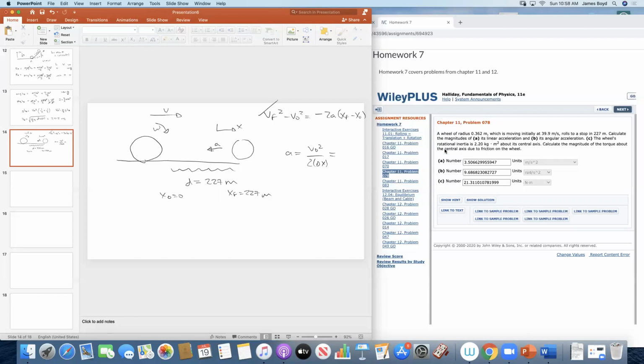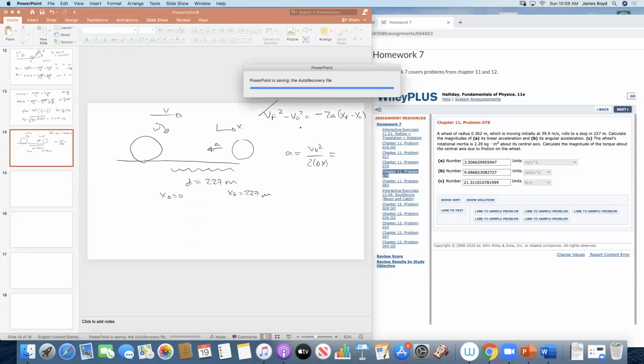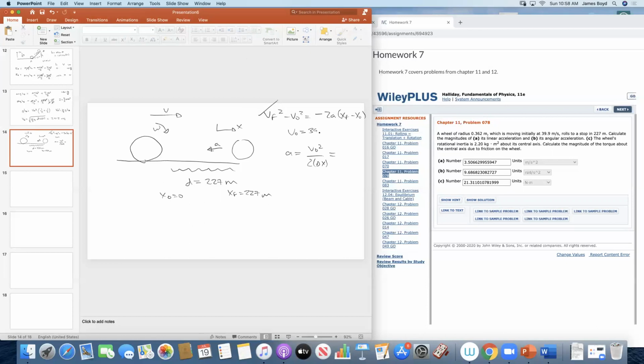And because we're told that it had an initial velocity of 39.9 meters per second, we get 39.9 squared over 2 times 227. I get 39.9 times 39.9 divided by 2 times 227, and I get 3.5, okay? Which is exactly what they got here. 3.5 meters per second squared.